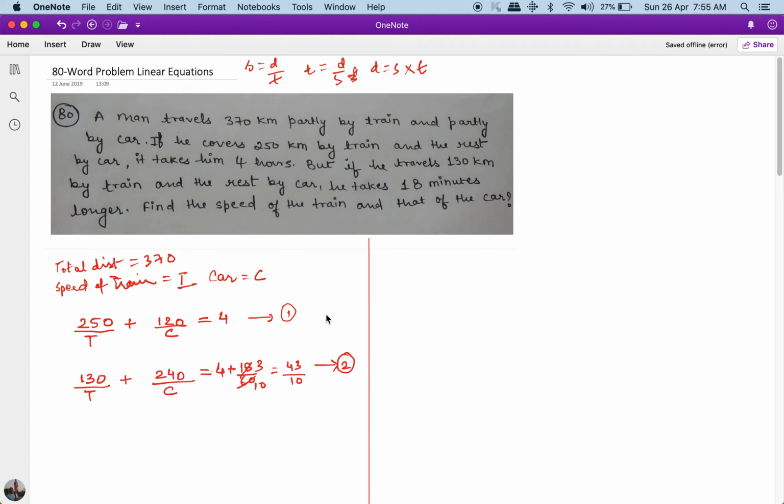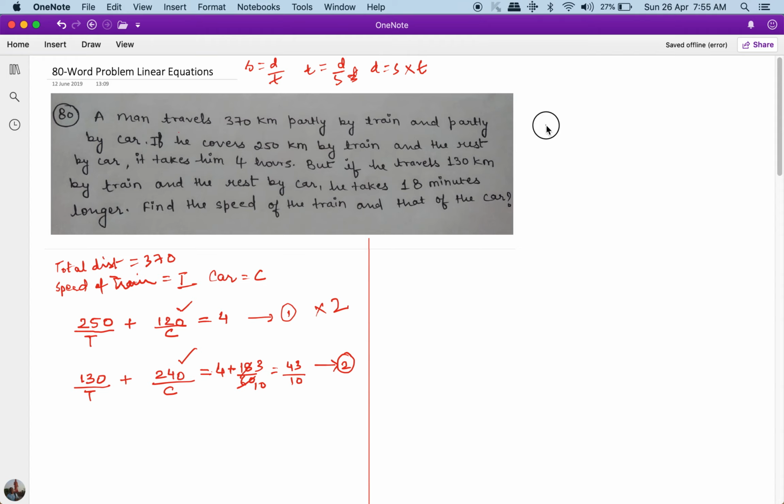Now the solution is very simple. I will treat 1 by t and 1 by c as my variables x and y and solve the linear equations. I'm multiplying equation 1 by 2 for solving it, so that this value becomes 240, this value remains 240, and I can subtract the two.